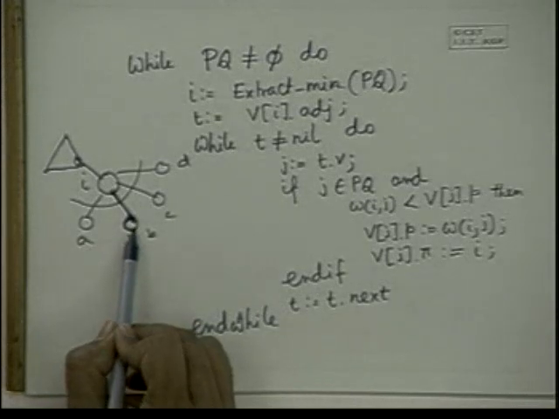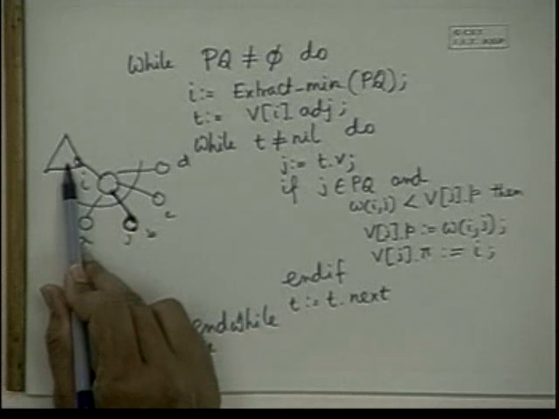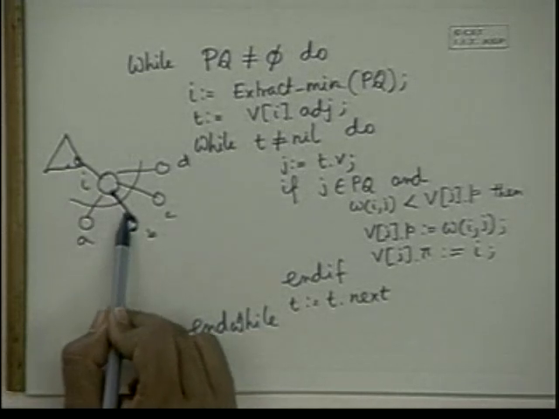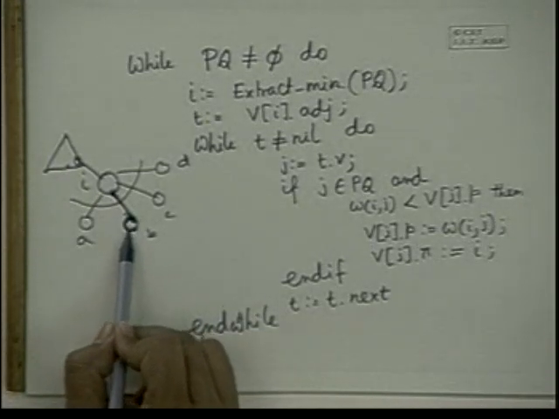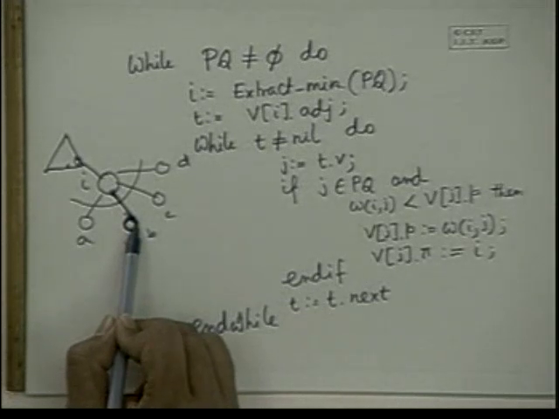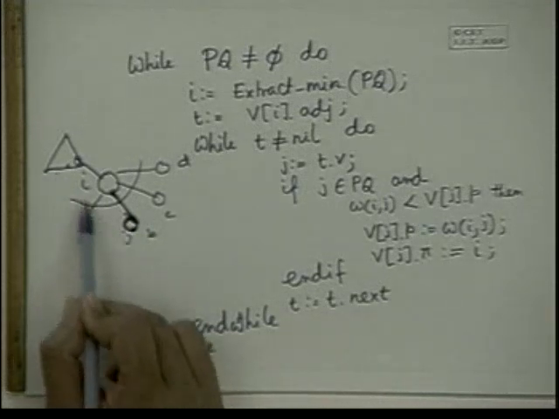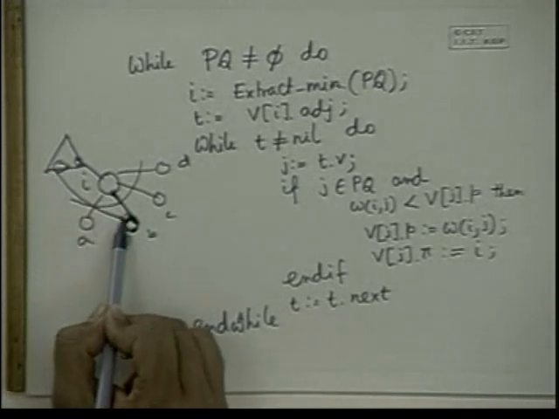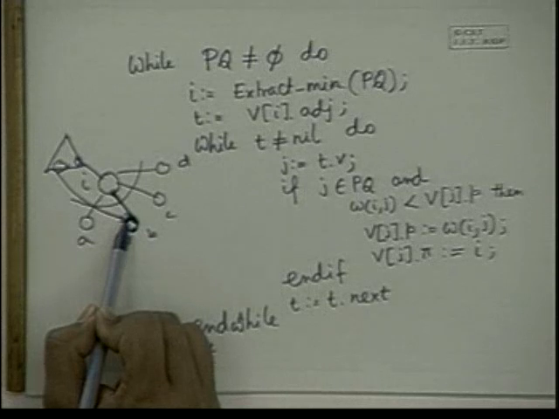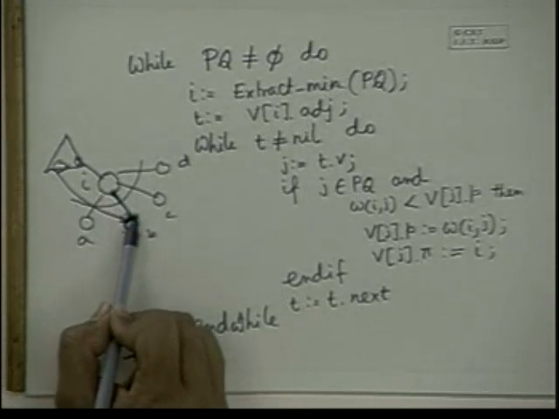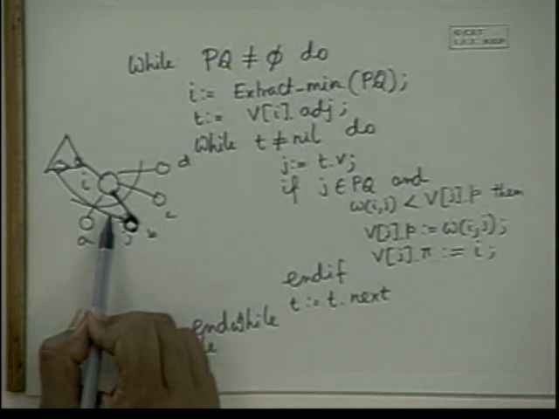Initially this had priority infinity. The first time something is included here, this edge weight will be less than the infinity and this will get that priority. But later on some other vertex may have another edge, and this edge may be less than this edge. Then this priority will be reset again.